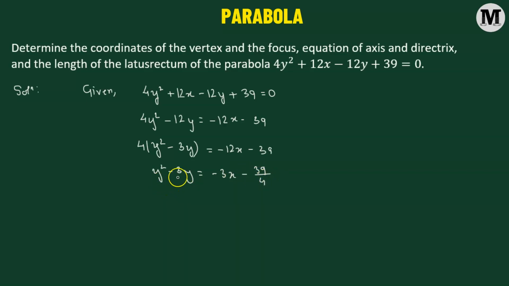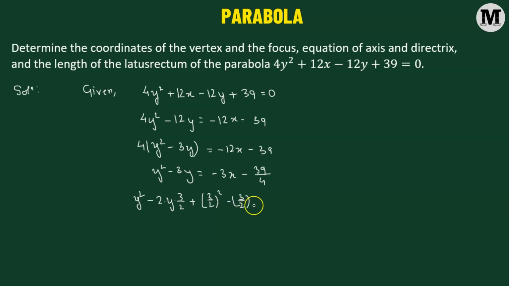Now we'll try to convert y squared minus 3y into a perfect square by using the method of completing the square. So here we have y squared. So 3y can be expressed as 2 times y times 3 over 2. So this number 3 over 2 is the hint that we need to take the square of that number, 3 over 2 whole squared, but this is an extra term that we are adding. So we need to subtract it as well.